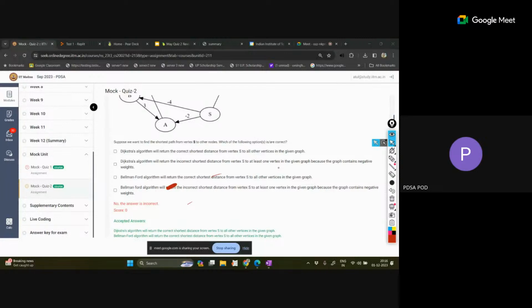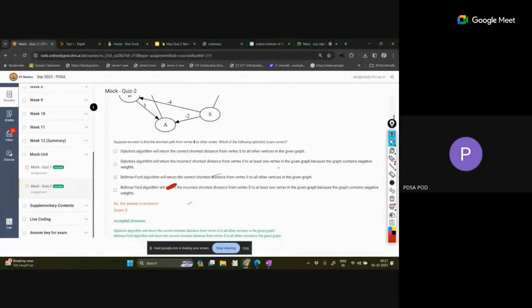So in what type of graph will Dijkstra's algorithm not work, and in what type of graph may it return the correct answer also? Option A says Dijkstra's algorithm will return the correct shortest distance from source vertex S. Option B says Dijkstra's algorithm will return an incorrect shortest distance from vertex S to at least one vertex because the graph contains negative weights.